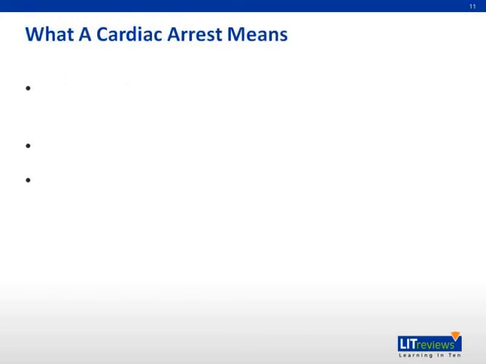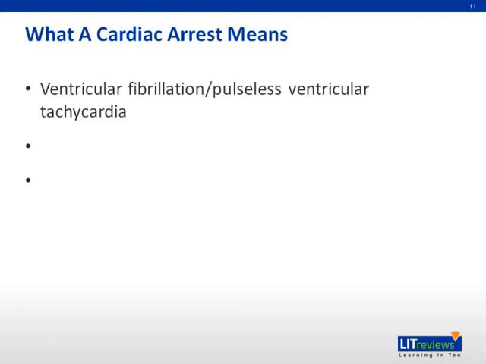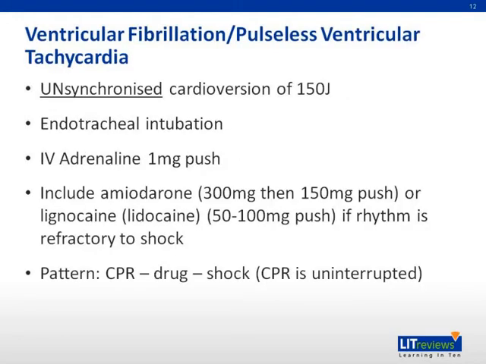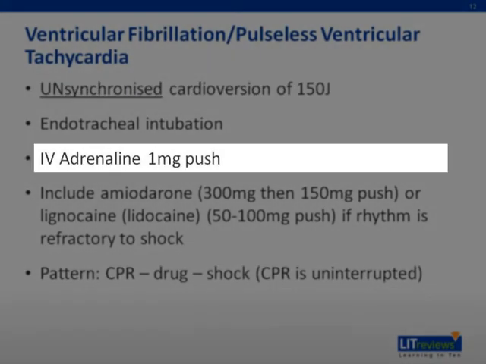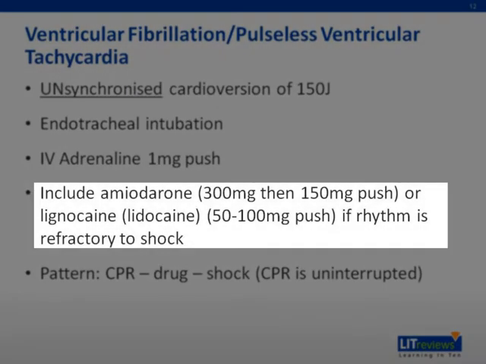To put it scientifically, cardiac arrest means one of these 3 things: ventricular fibrillation or pulseless ventricular tachycardia, pulseless electrical activity, or asystole. VF and pulseless VT is treated with unsynchronized cardioversion and IV adrenaline. Consider amiodarone or lignocaine if the rhythm is refractory to shocks.